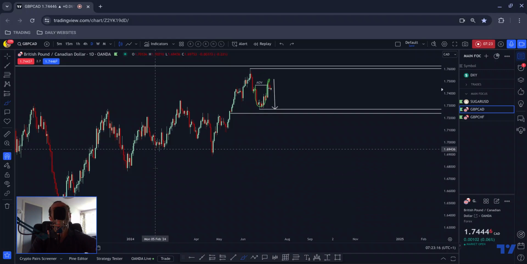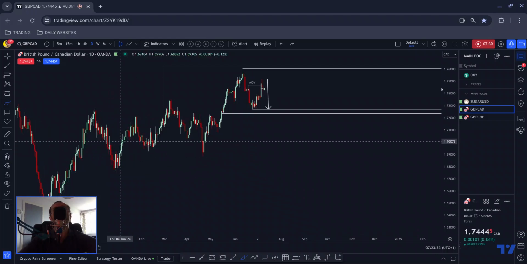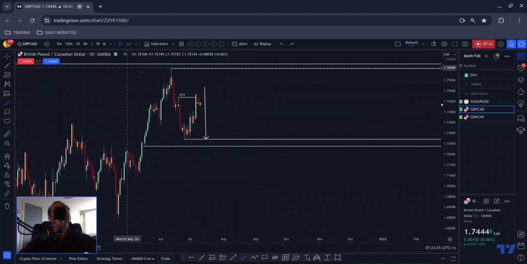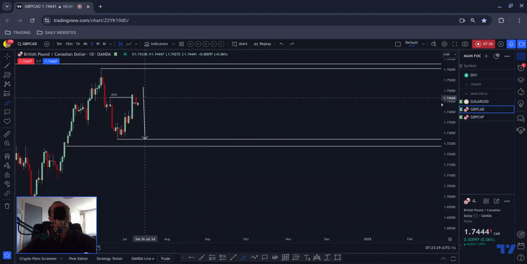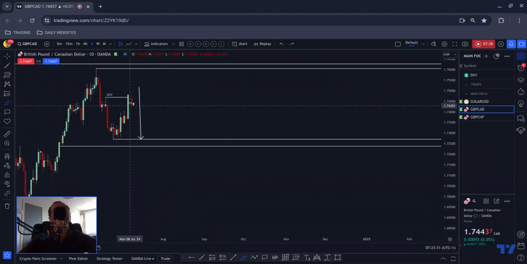And thinking about it, looking at this again, I actually prefer this to some extent over Sugar USD. But so we've pushed down. Okay, so we've had the evening star formation there. Once again, heavy body daily close, bit of a wick below it. That's likely why we're consolidating to some extent.